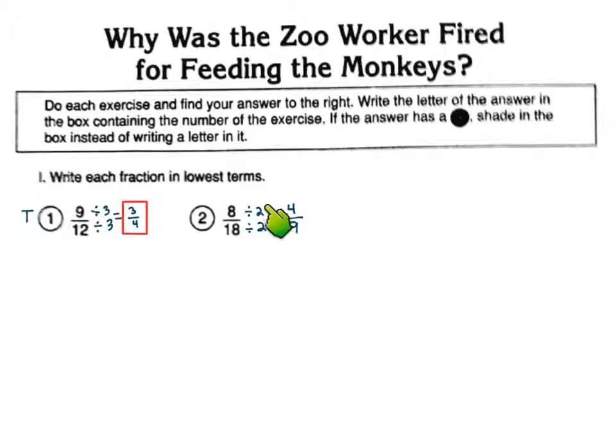Now, I said that you need to use the largest number. If you use the largest number, it'll automatically simplify it all the way down. But if you don't use the largest number, say that we had, for example, 4/8. And so if we did 4/8 and we didn't choose the largest, we chose 2, that's going to show that we're going to have to divide again by 2 because that wasn't the largest number that can go into it.